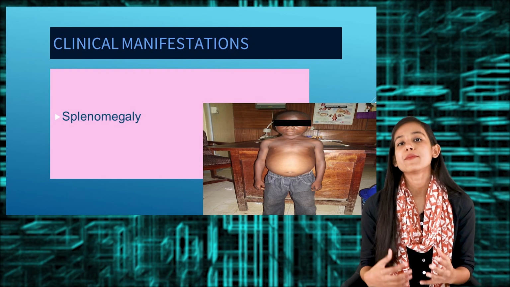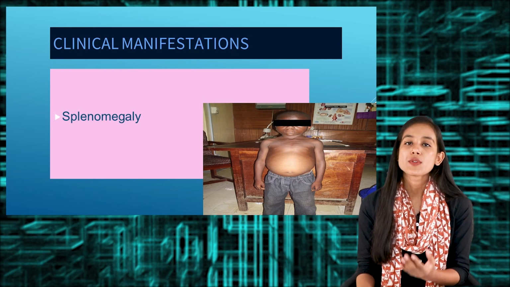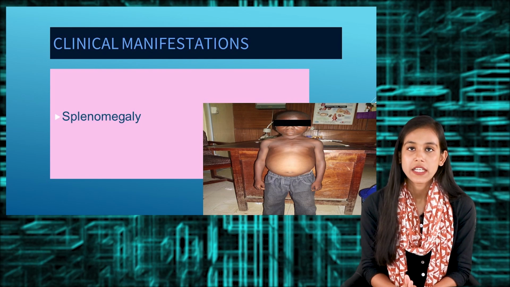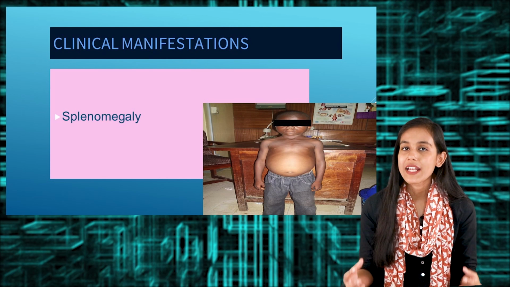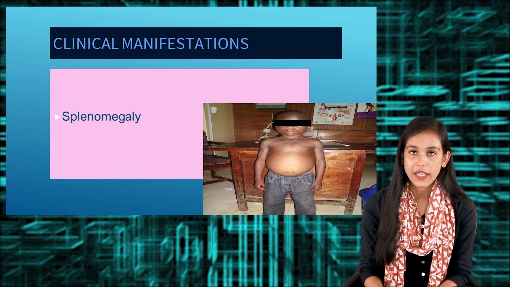So that's the reason hemolysis of RBCs would be faster, right? So the spleen has to work way faster than normal, right? So that's the reason there would be enlargement of the spleen, and that's the reason there would be splenomegaly.